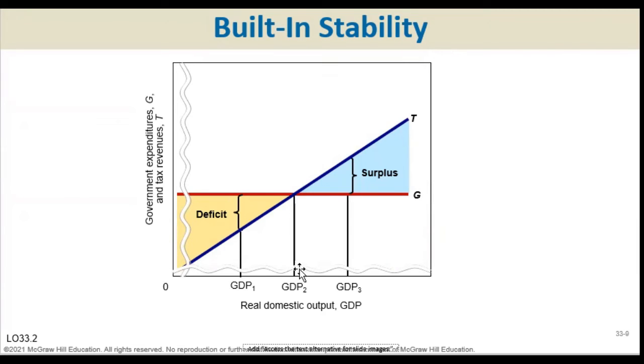But as GDP increases, the tax revenue rises, and in our blue area here, you see that the tax revenue collected is greater than government spending. Ultimately, this will generate a surplus to the budget.